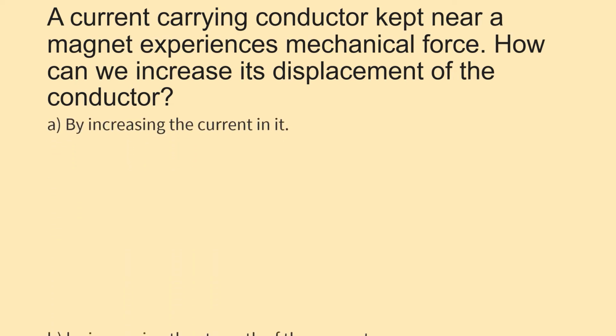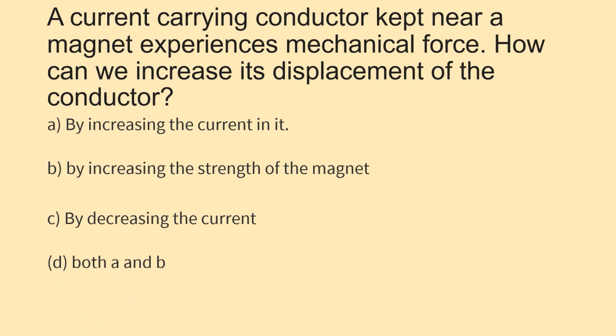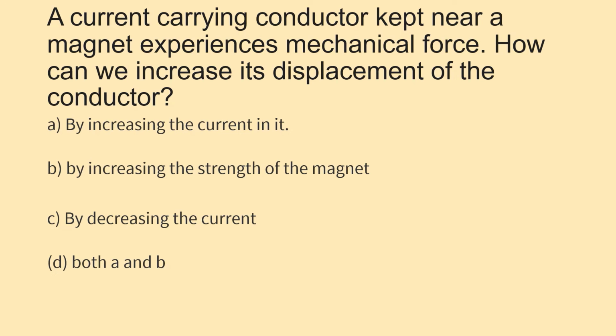By increasing the current in it, by increasing the strength of the magnet, by decreasing the current, both A and B. The correct option is both A and B.